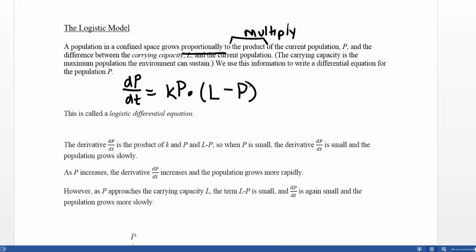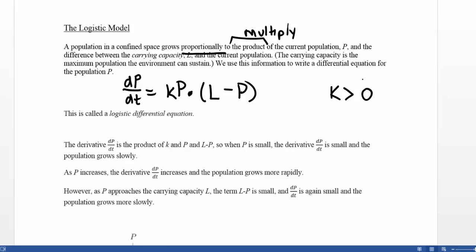So we have k times P times (L minus P). And we're told here that this is growth, right? It's logistic growth. So that implies that k is going to be positive here. This is called the logistic differential equation. This is a really important equation in biology to help us get to the logistic growth model. But this is how we set it up.